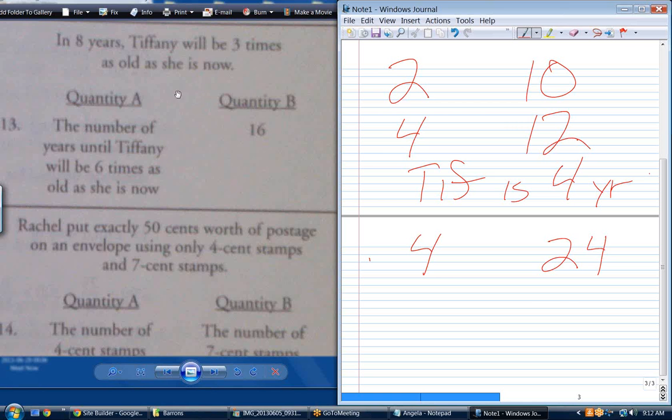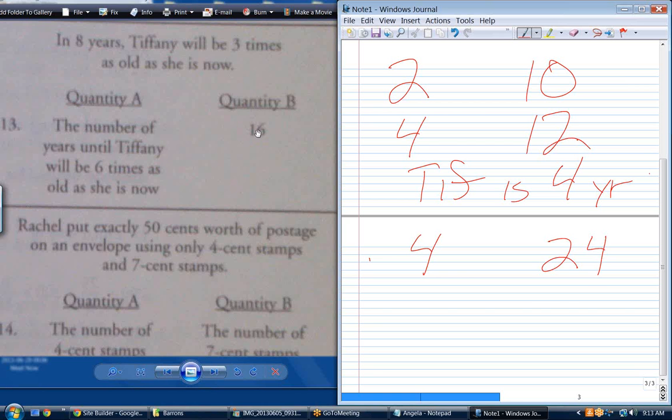And these numbers, this is a good problem, a really good problem, because we kind of had to back solve to get Tiffany's age. And then you got to know what the next step is to compare these two. And that next step is to try 16, first of all. Because 16, if that's quantity A, it'll be apparent immediately.